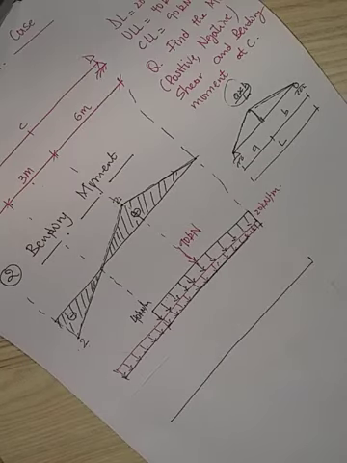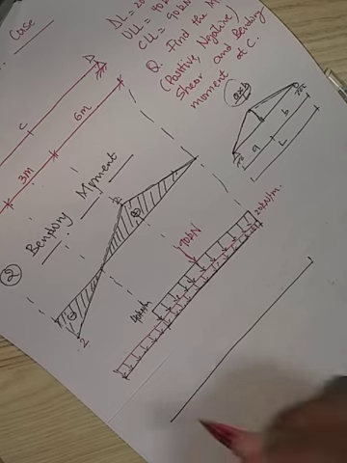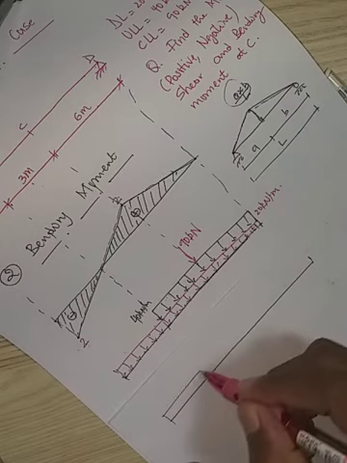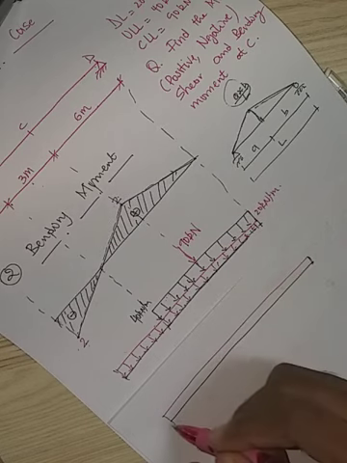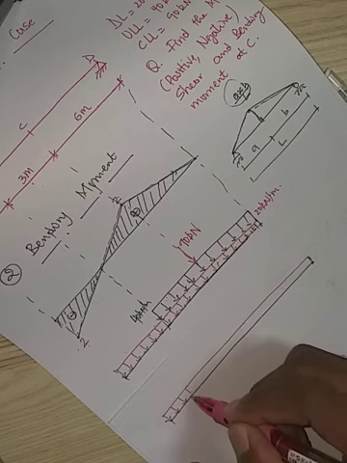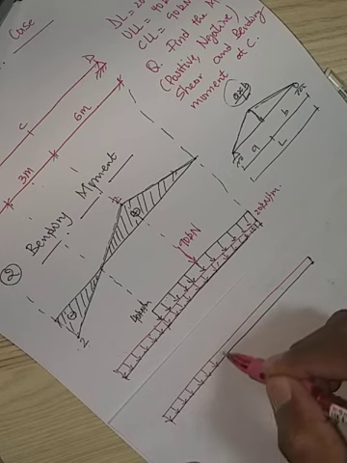To find the maximum negative bending moment, we have to use our second configuration. First, we apply the dead load along the total length of the beam.